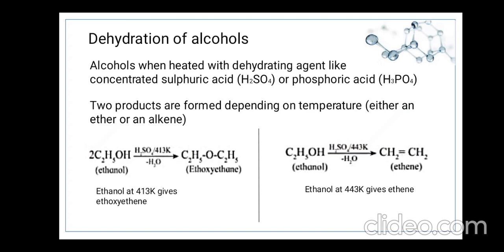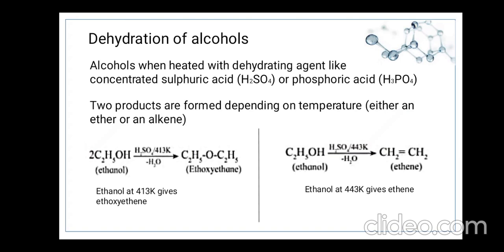Now here students, the dehydrating agent used is concentrated sulfuric acid or phosphoric acid. Now alcohol at 443 Kelvin gives ethene. In the same way, alcohol at 413 Kelvin temperature gives ether.